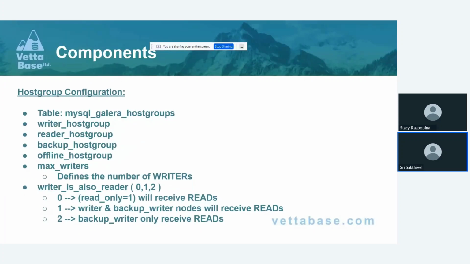But if all your nodes have read_only equal to 0, then you can choose how many writers you want from ProxySQL itself. And writer_is_also_reader has 3 values: 0, 1, and 2. We will see this in detail in the demo session.